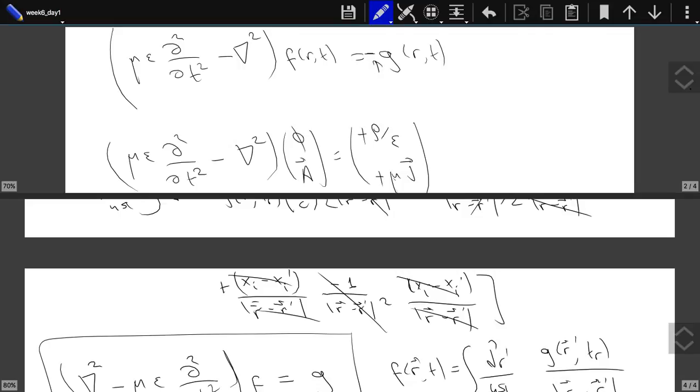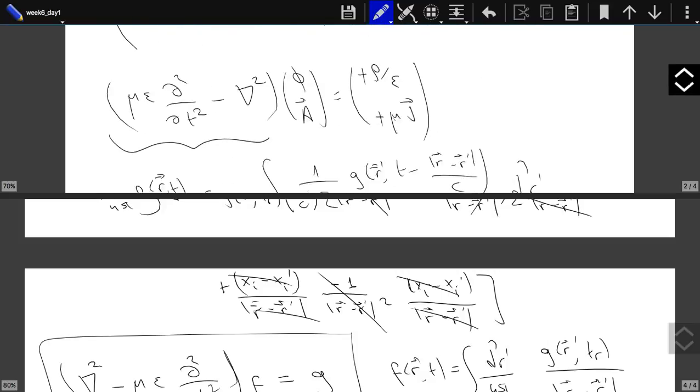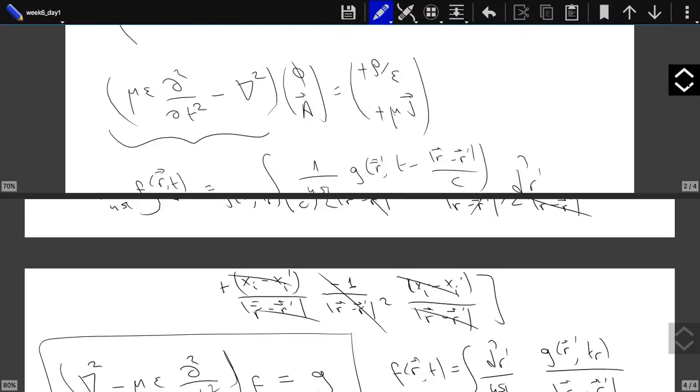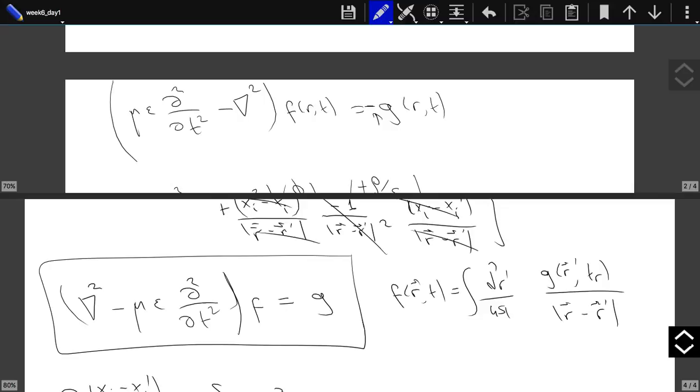Let me just add the minus sign over here, so everything you wrote afterwards is correct. You see, that is the equation I want to solve. And the f that I define in this form is a solution of this equation.